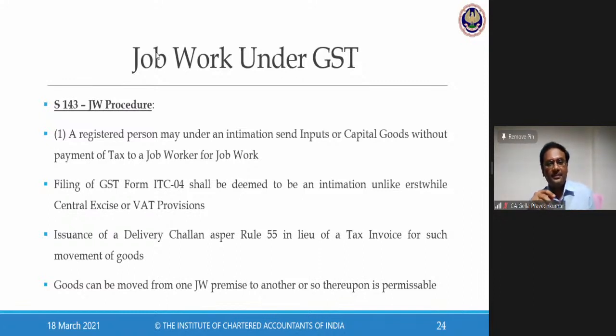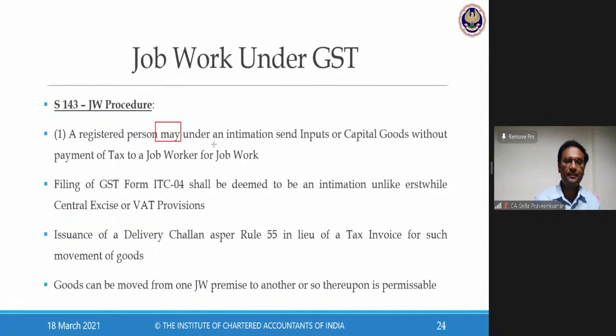Okay. Now, coming back to job work. Section 143 is one provision which is relevant for all of you to understand. Section 143 says a registered person may, under an intimation, send inputs or capital goods without payment of tax to a job worker for job work. I will explain this paragraph in detail for most of you to understand how this activity happens.